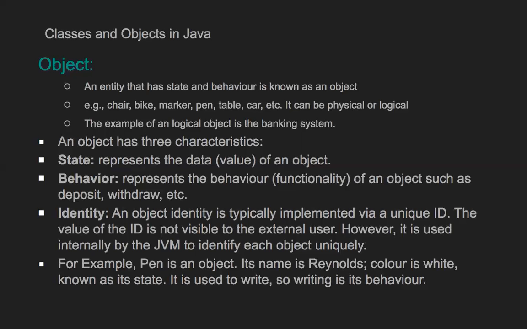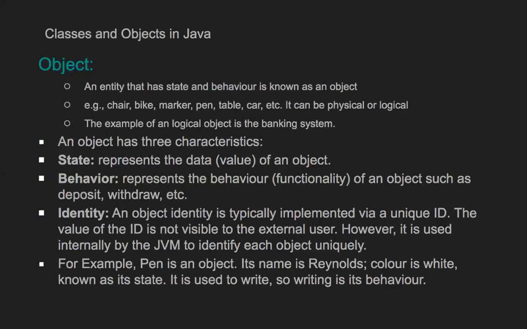An object has three characteristics: state, behavior, and identity. The state is represented as the data of an object. In the general sense, we say a state is liquid, gas, or solid, but in the computer world, state means the data that it holds. Behavior represents the actions on an object, such as deposit and withdraw.